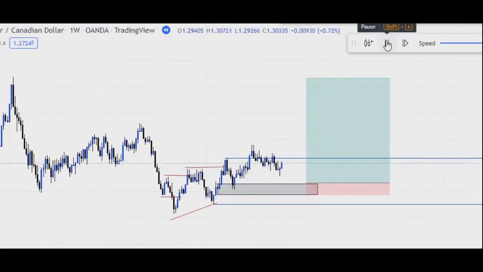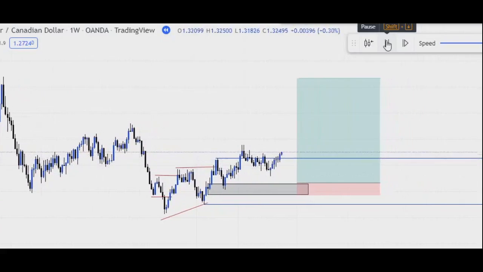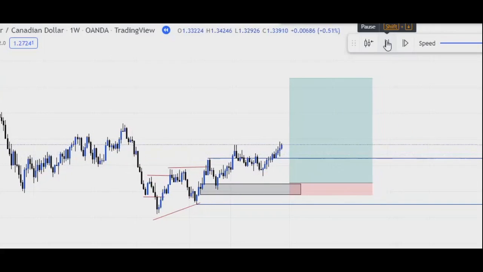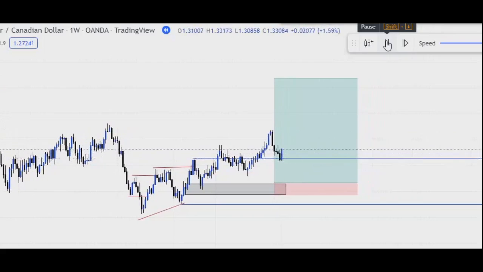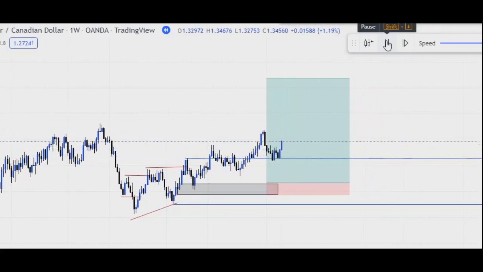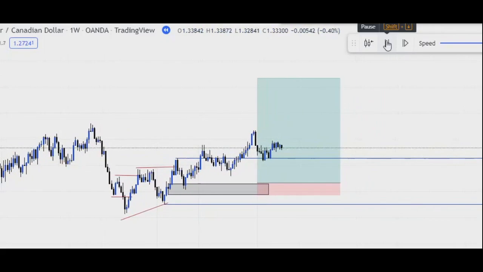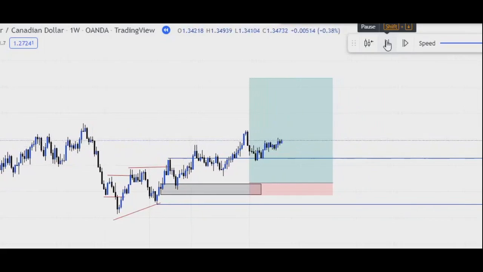Price has tapped into our OB, and we are having this accumulation, this ranging market. All right? Let's see what price will do.